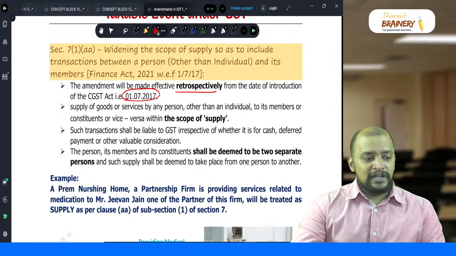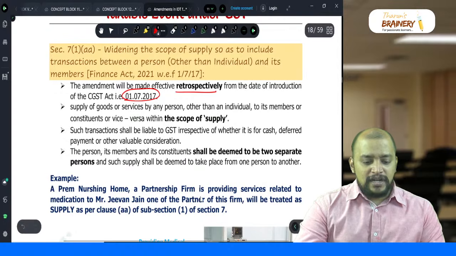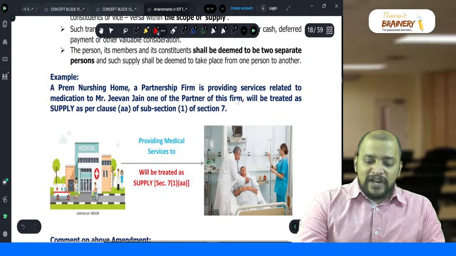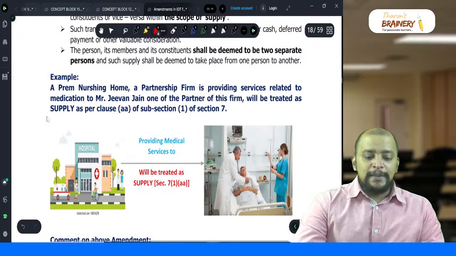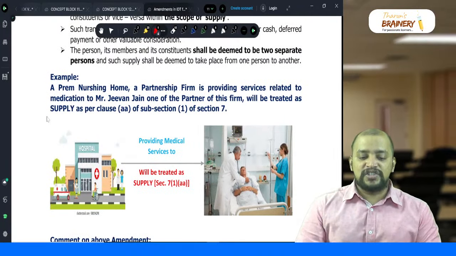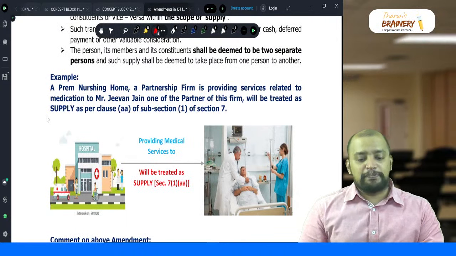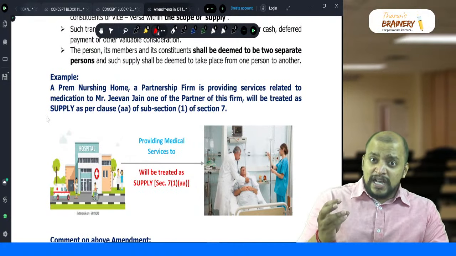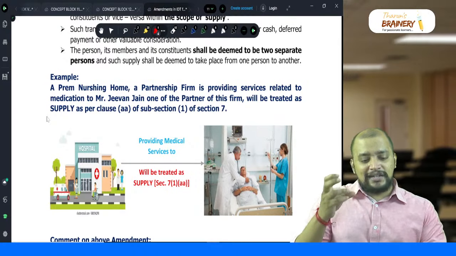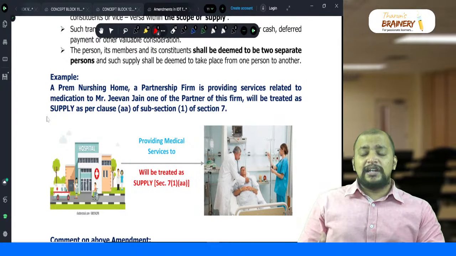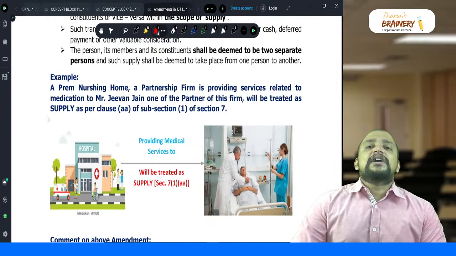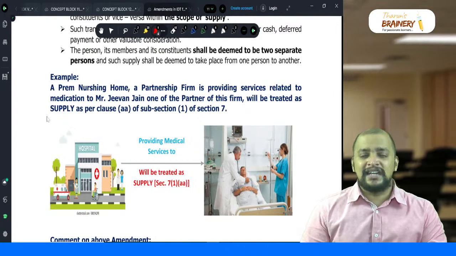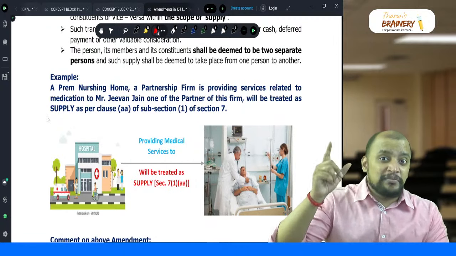For example, there is a Prem Nursing Home, a partnership firm, providing services related to medication to Mr. Jeevan Jain, one of the partners of this firm. Now, even though he is a partner of the firm, the firm is providing nursing services, will it come under supply? Yes, it will come under supply under 7(1)(aa). Of course, it is an exempted supply.